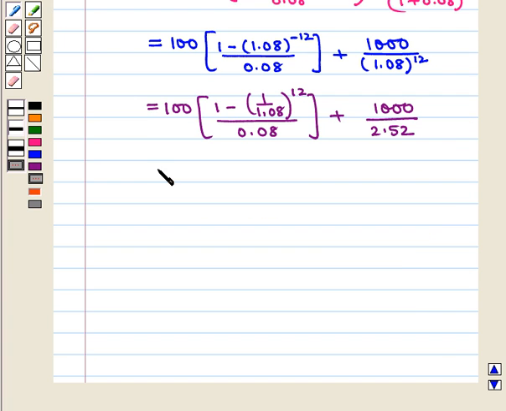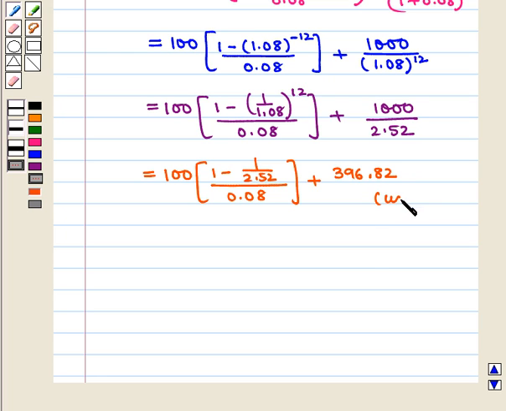2.52. That is equal to 100 into 1 minus 1 upon 2.52 the whole upon 0.08 plus 396.82. This value is calculated by using a calculator.